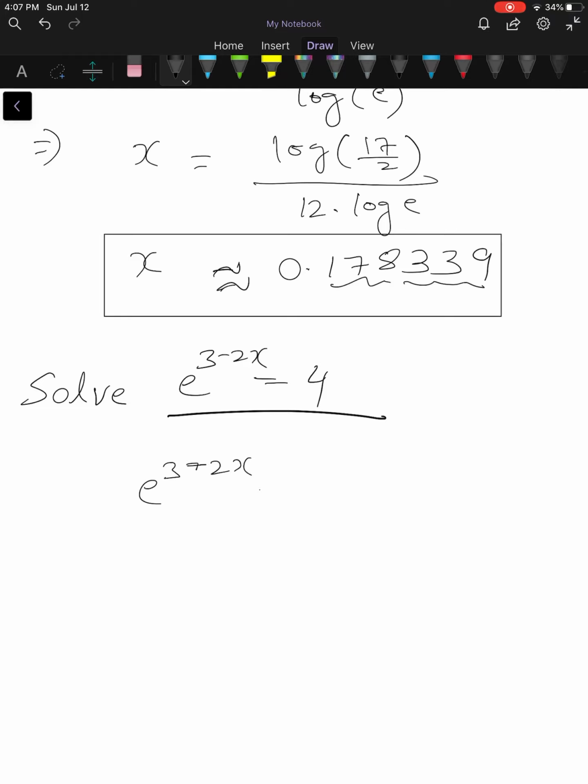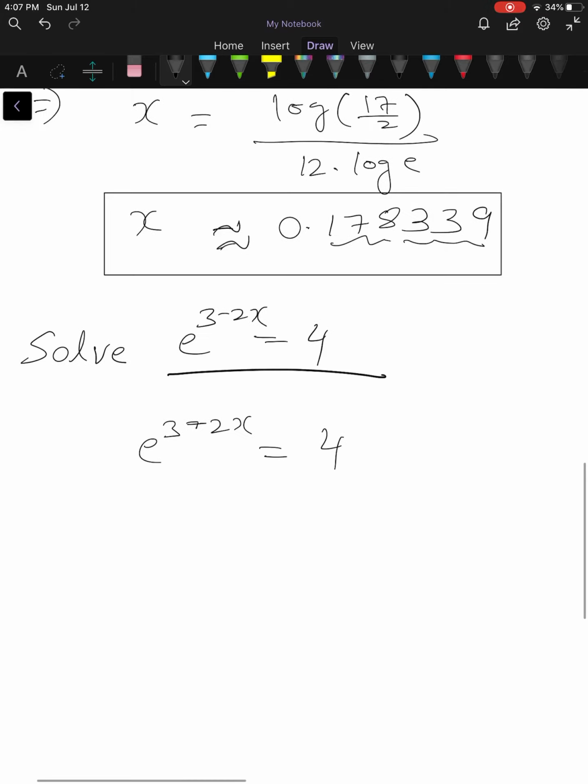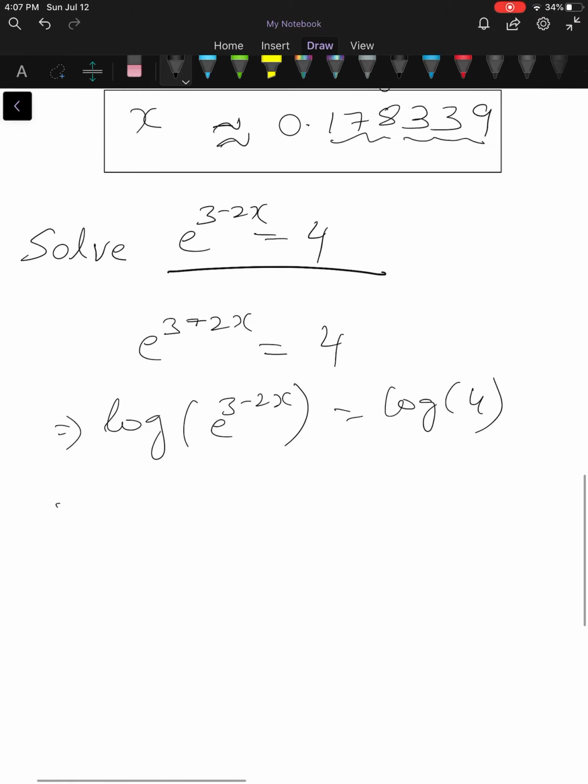So e to the power of 3 minus 2x, all the exponential terms are on one side, you don't have to do anything here, and apply logarithm. Log of e to the power of 3 minus 2x is equal to log 4.